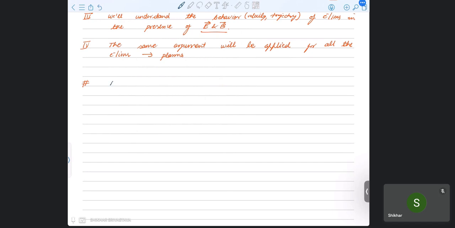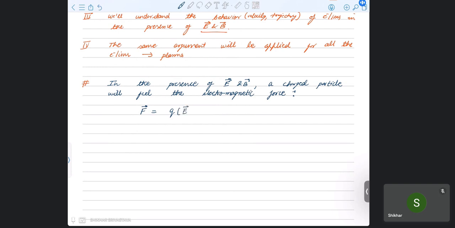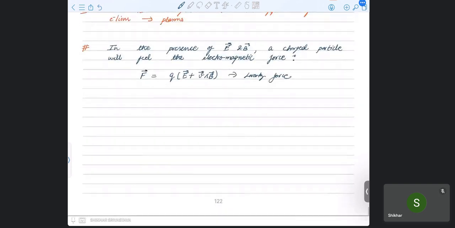In the presence of electric and magnetic fields, a charged particle such as an electron or ion will feel the electromagnetic force, which is given by this formula, the Lorentz force: F, the force experienced by the particle, is equal to the charge times the electric field plus the velocity of the particle v cross B. This is called the Lorentz expression for force. This is the Lorentz force. This is equation 1.